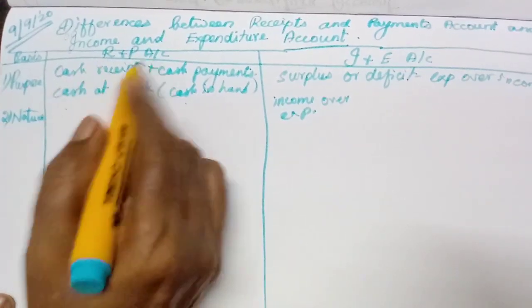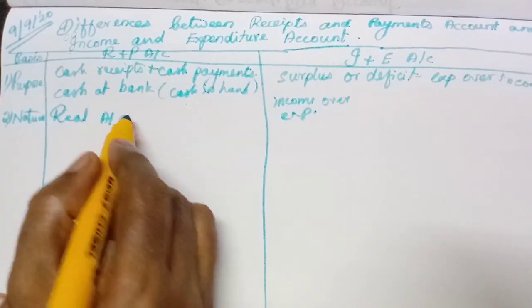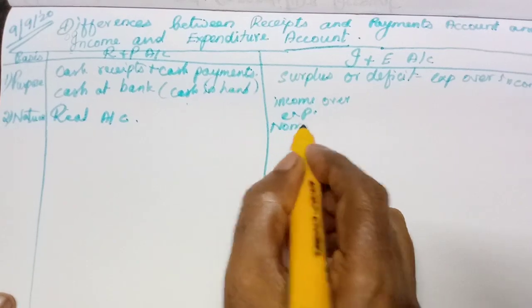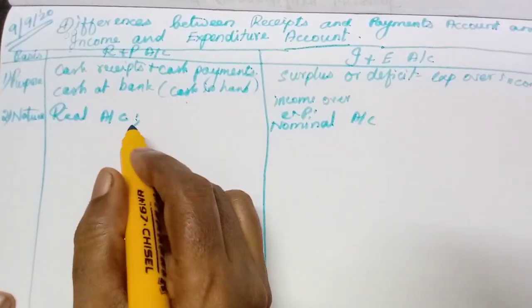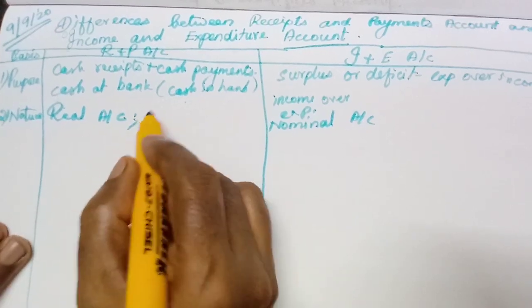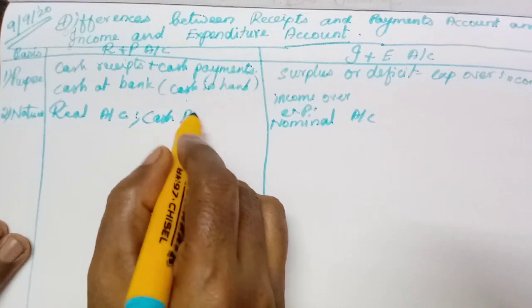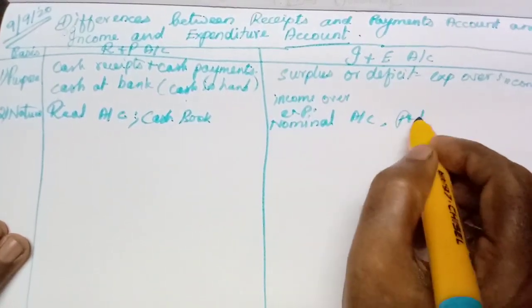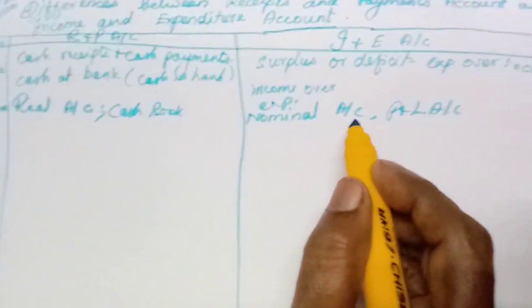We know receipts and payments account is a real account. And here it is a nominal account. Then it is like cash book. Income and expenditure is like profit and loss account.